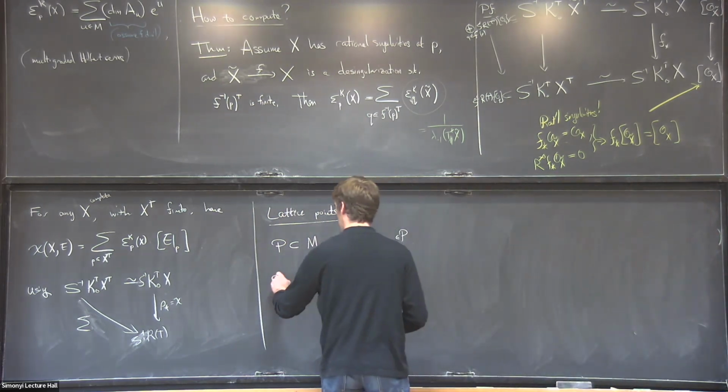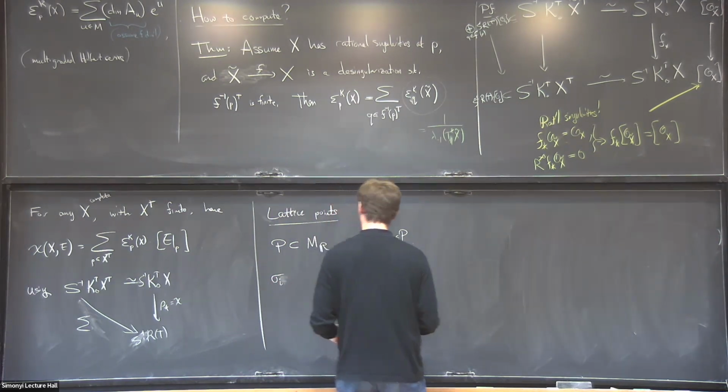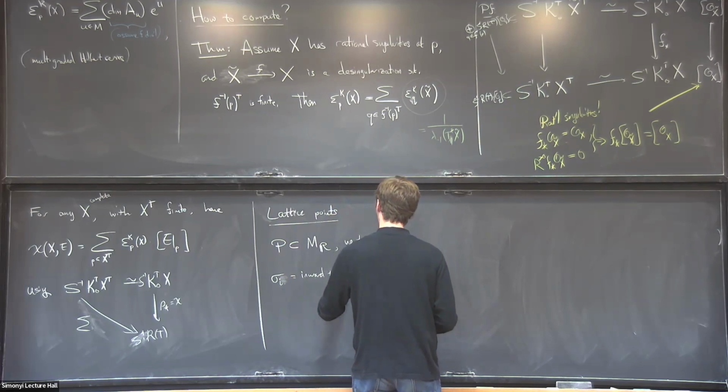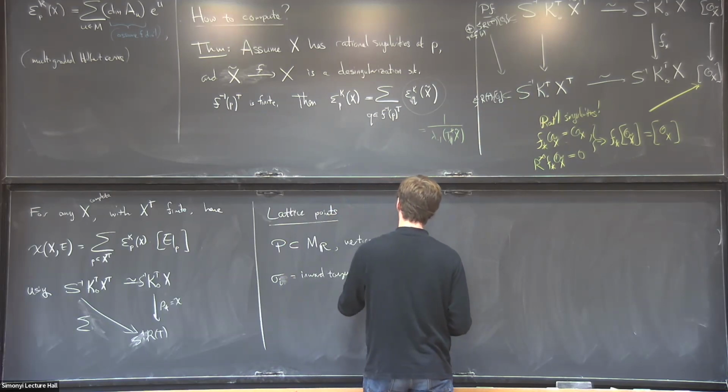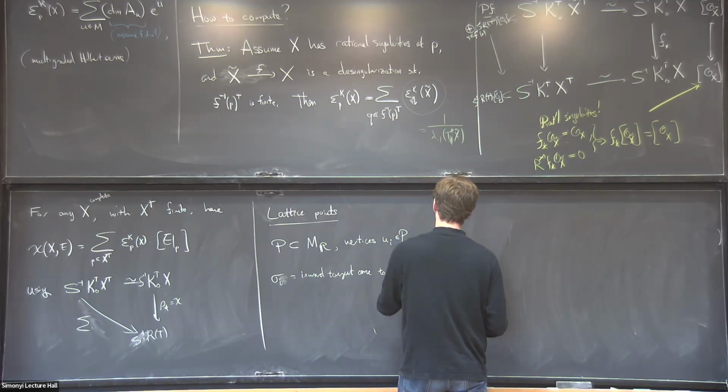I'm gonna let sigma_i, maybe I should have called it the dual, but we'll call it sigma_i now. This is going to be the inward tangent cone to be at the vertex.